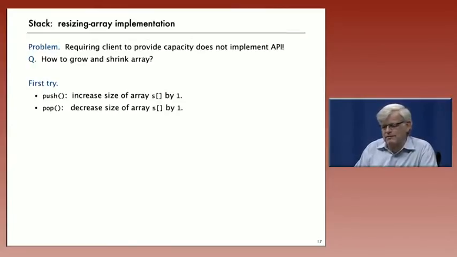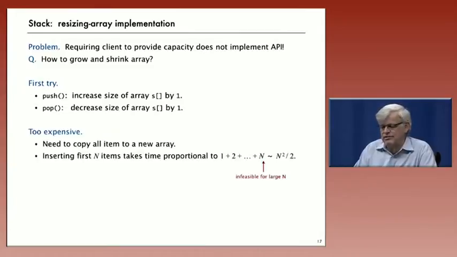Well, the first thing you might think of is when the client pushes a new item onto the stack, increase the size of the array by 1, and when it pops, decrease the size of the array by 1. That's easy to code up, but not worth it because it's much too expensive. The reason is that you have to create a new array of size 1 bigger and copy all the items to that new array.